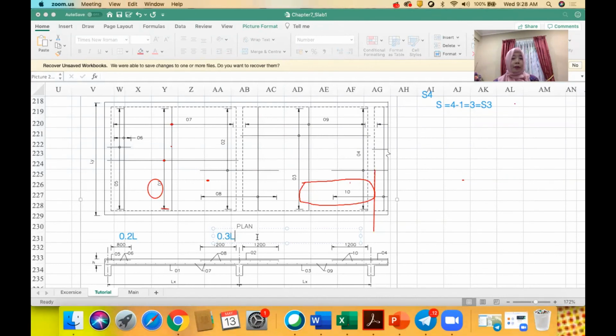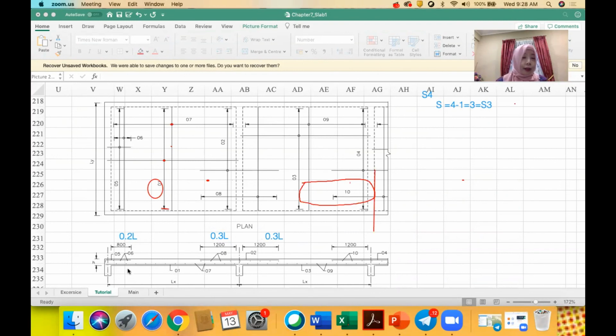This is also 0.3 L. Here 0.3 L. Just follow the guidance given. This is also 0.3 L. Okay.